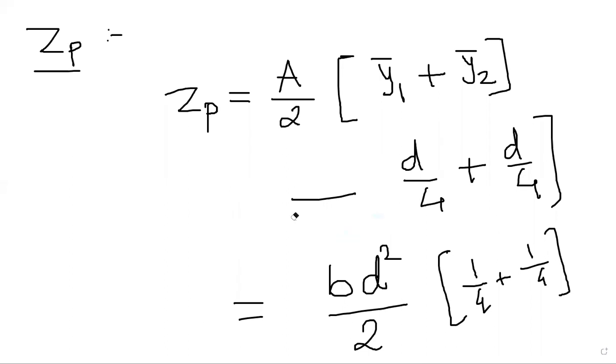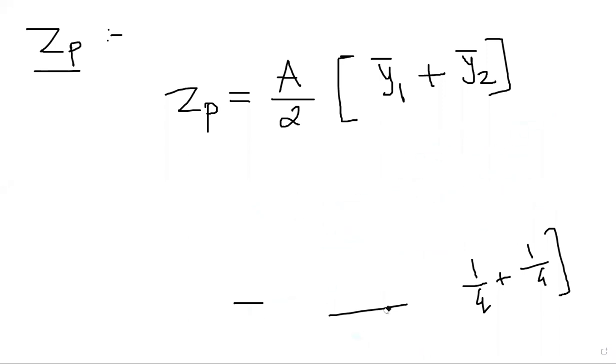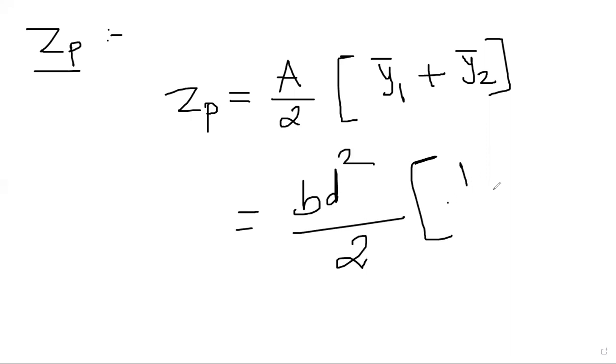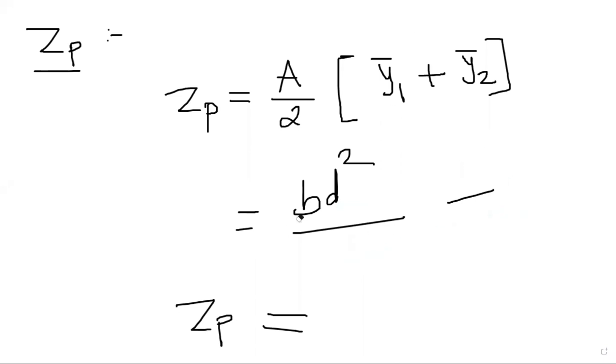So now, if I am simplifying, it is equal to BD square by 2 in bracket 1 by 2, बरोबर? Yes or no? So for rectangular section, ZP is your BD square by 4.